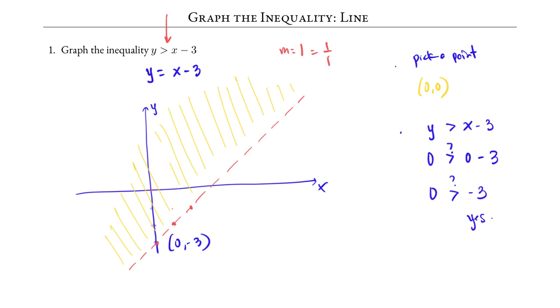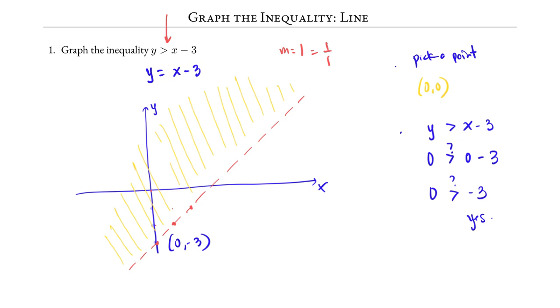Now, this line separates the plane into two parts, the left or the right, or we can think of it as the upper versus the lower. Since the point (0, 0) is in the upper part of the plane, on the other side of the line, and it is a solution, we will shade the part where the solution is included.